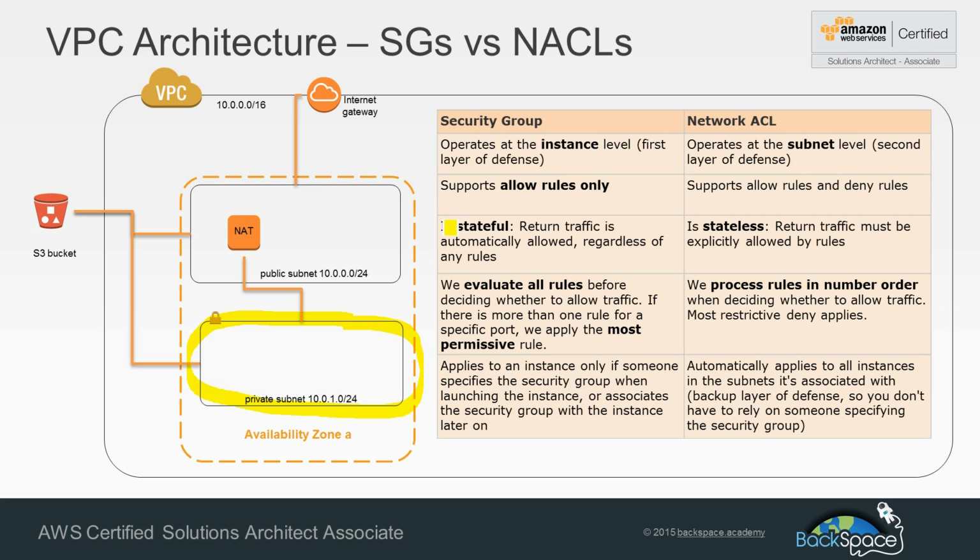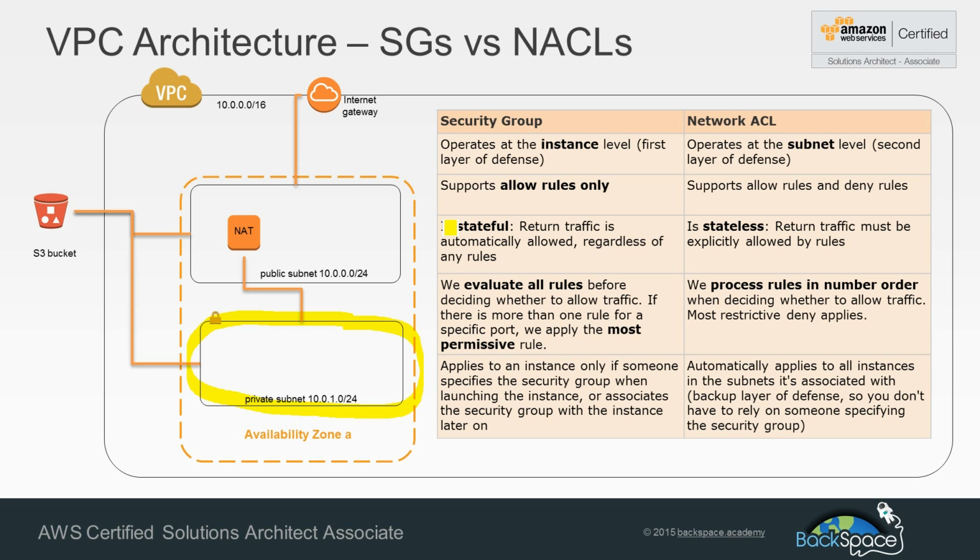In a security group, we evaluate all rules before deciding whether to allow that traffic. If there is more than one rule for a specific port, we apply the most permissive rule, not the most restrictive rule. So if you have a CIDR block that is more broad, the more permissive rule will prevail.